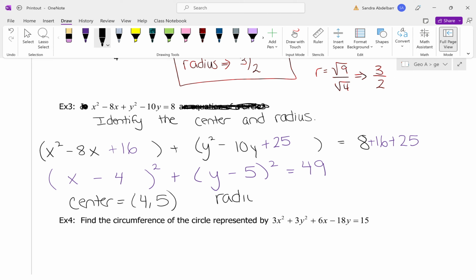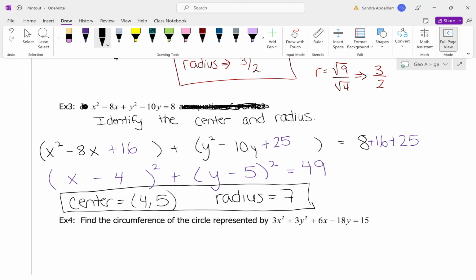You got it. 7. It's the opposite of what's in the parentheses. So it's x minus 4. It's always going to be the opposite sign of what's in the parentheses. So if it's a plus, then it's negative. If it's a minus, then it's positive.